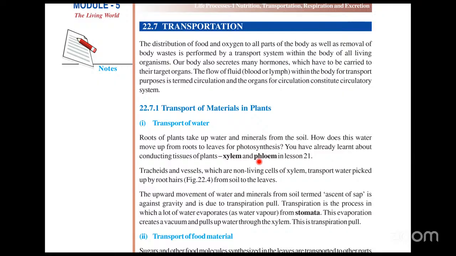Okay. If I write about xylem, xylem is used for the transportation of water, but phloem is used for the transportation of food.